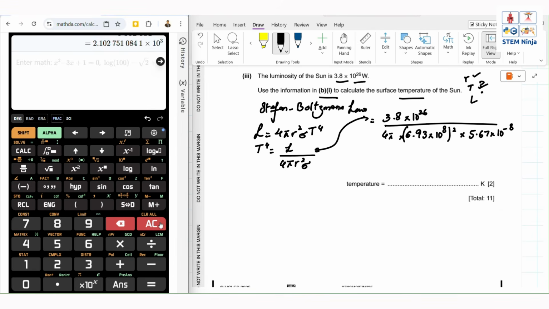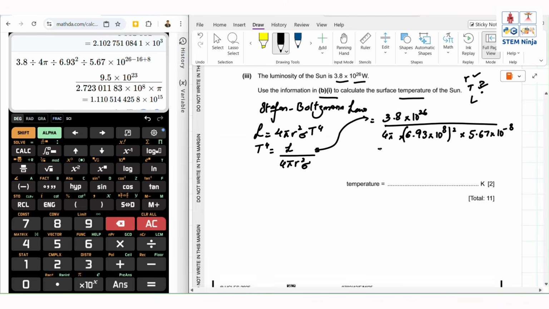So, 3.8 divided by 4 pi divided by 6.93 squared divided by 5.67 times 10 raised to power 26 minus 16 plus 8, we get this. So 1.110 × 10 raised to power 15. So T will be T raised to power 4, 1 over 4.